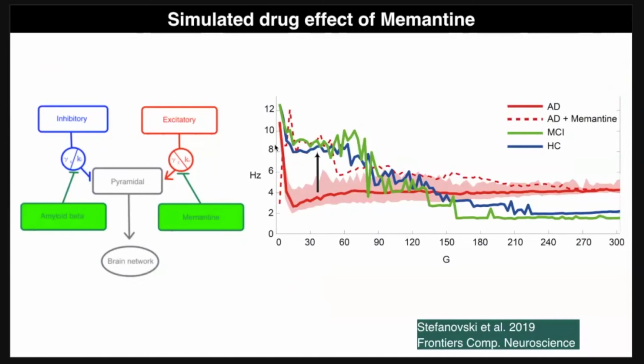We see the slowing of the simulated activity for the Alzheimer group, where we included the beta burden from the PET data. By just then blocking the transmission from the excitatory interneurons to the pyramidal cells, we can normalize the trace for the Alzheimer patients to the dotted line that is very similar to the behavior seen in mild cognitive impairment and healthy controls.